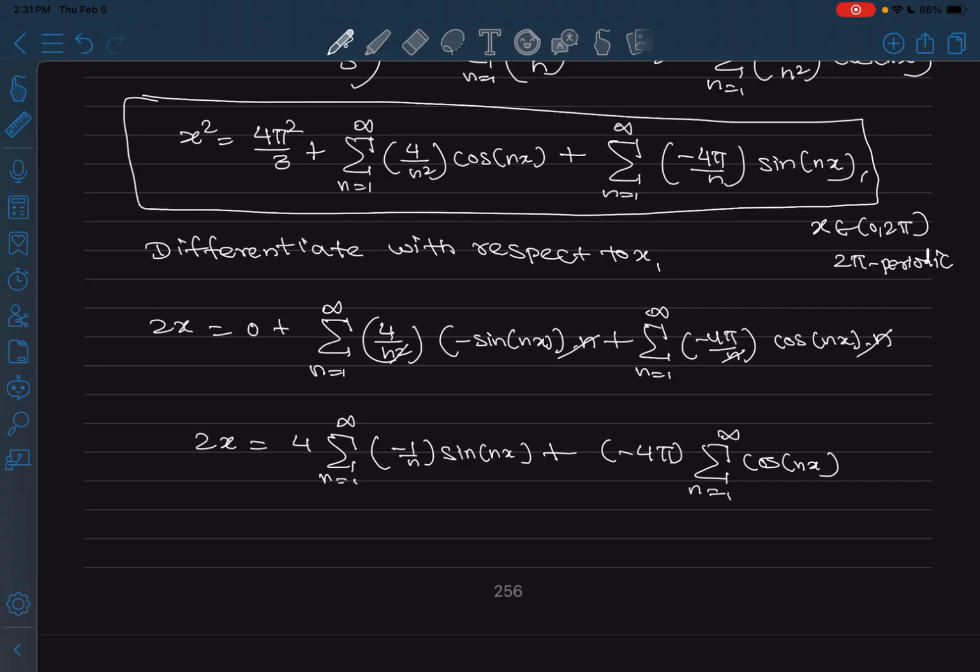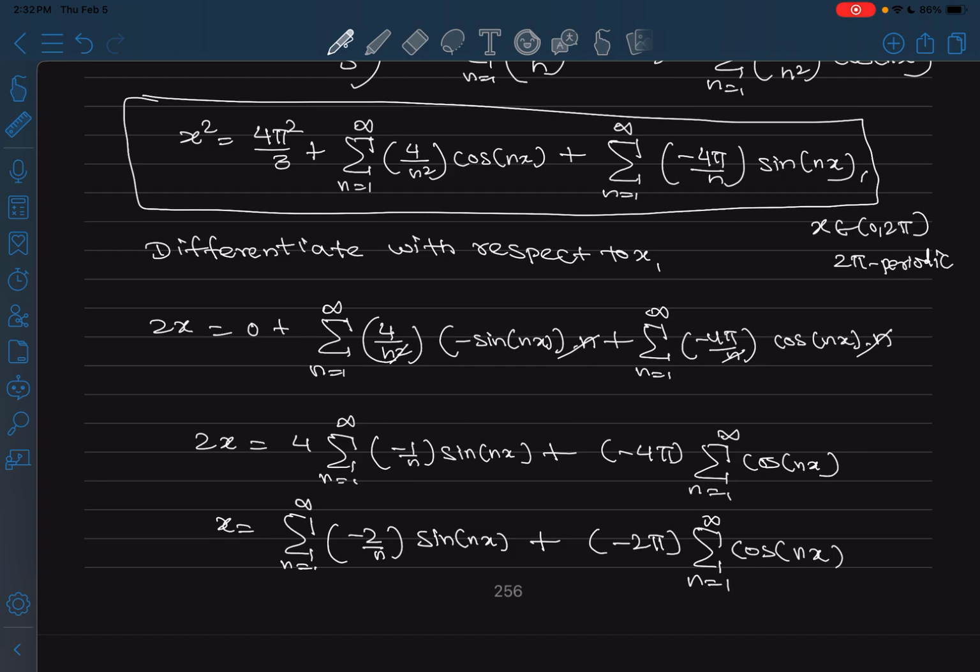Okay. And now this means x is the sum from n equals 1 to infinity of minus 2 over n sine of nx, plus minus 2 pi times the sum from n equals 1 to infinity of cosine of nx. And this is for x being in the open interval 0 to 2 pi, right?